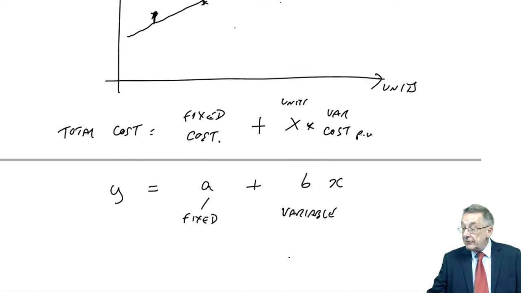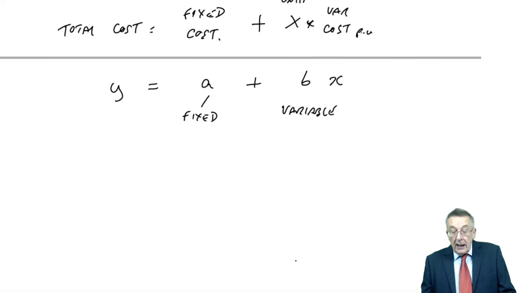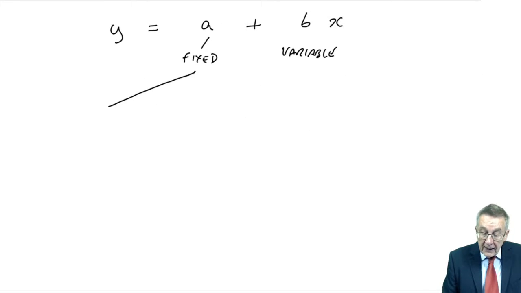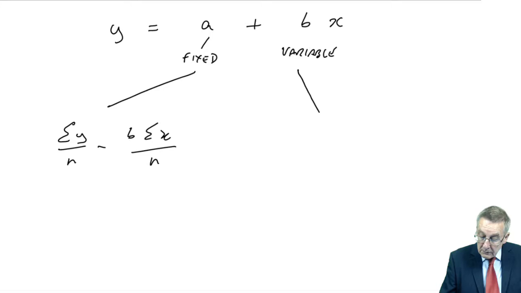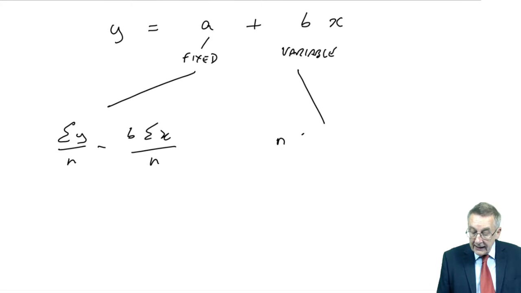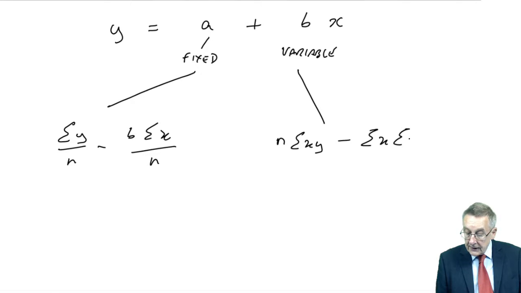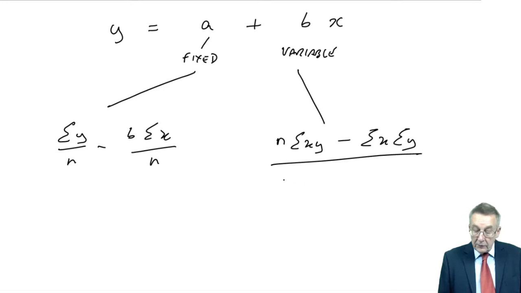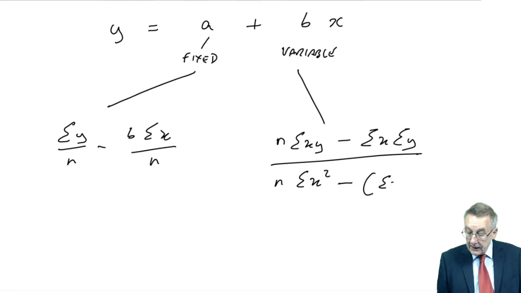I'm afraid you have to learn them. And as you can see, the formula for a is sigma y over n minus b sigma x over n. The formula for b looks awful, but it's n sigma xy minus sigma x times sigma y, over n sigma x squared minus sigma x all squared.